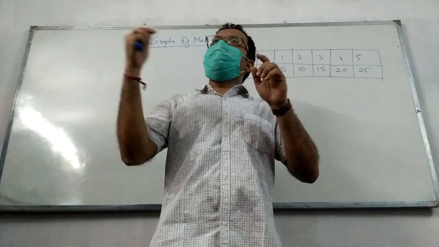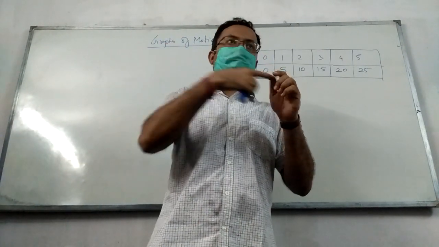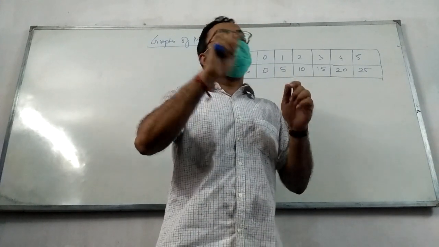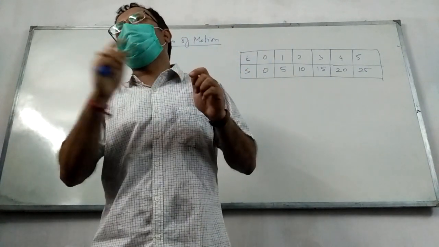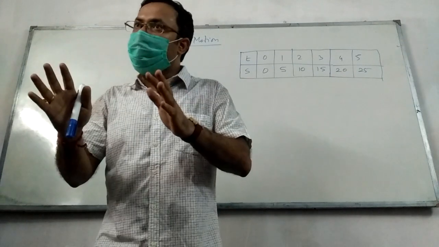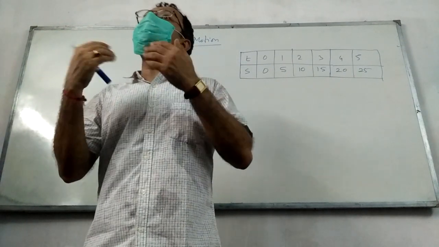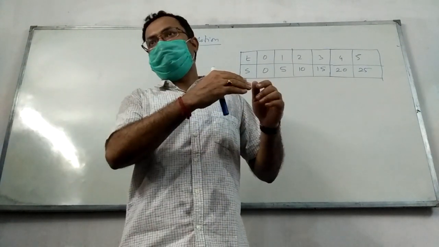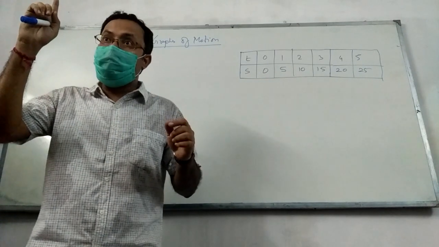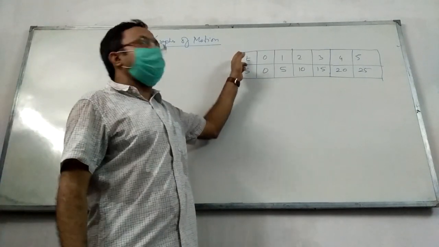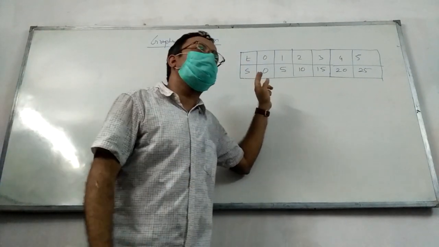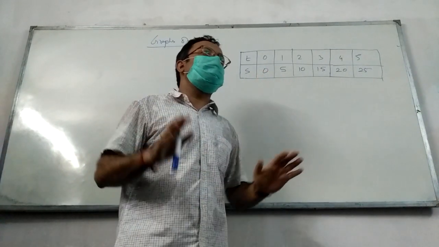So whenever we are trying to plot a graph, remember x-axis and y-axis. We have two axes, so we will be plotting two variables along the two axes. In general, we plot the independent variable along the x-axis and the dependent variable along the y-axis. So can you tell me amongst time and displacement, which one is independent?